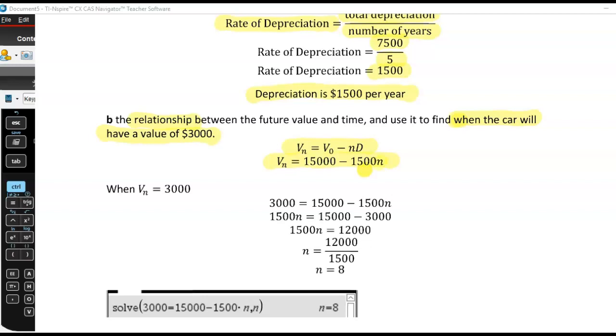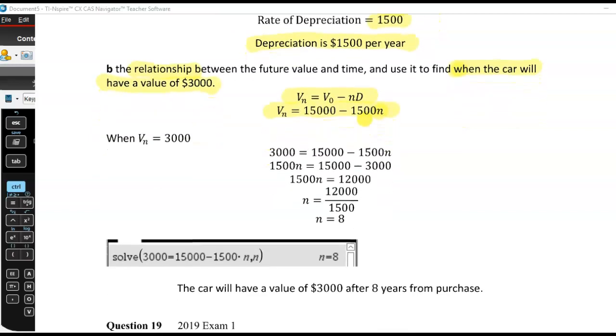So here N would be standing in for the number of years. It's important that that period of time is not always years, so you need to watch what that question is saying. So we need to figure out when Vn is $3,000.